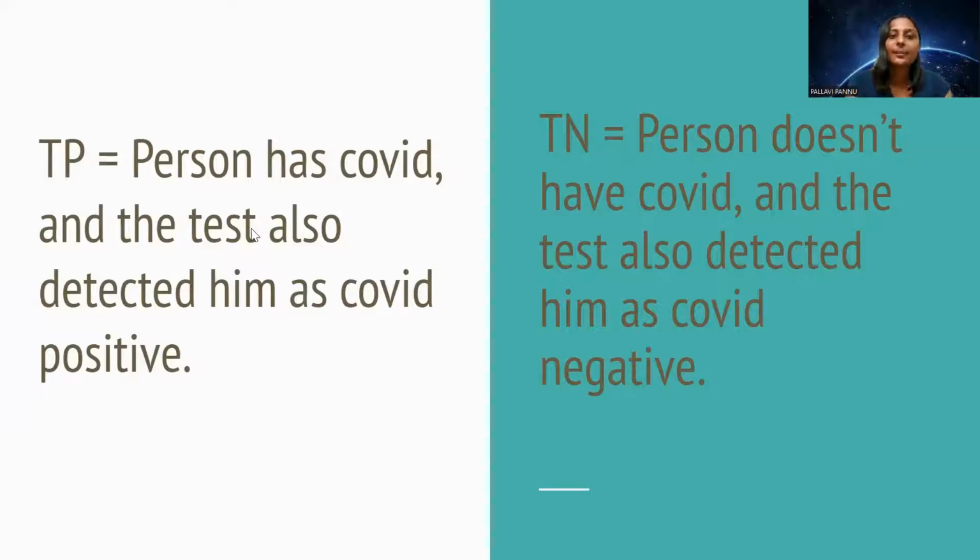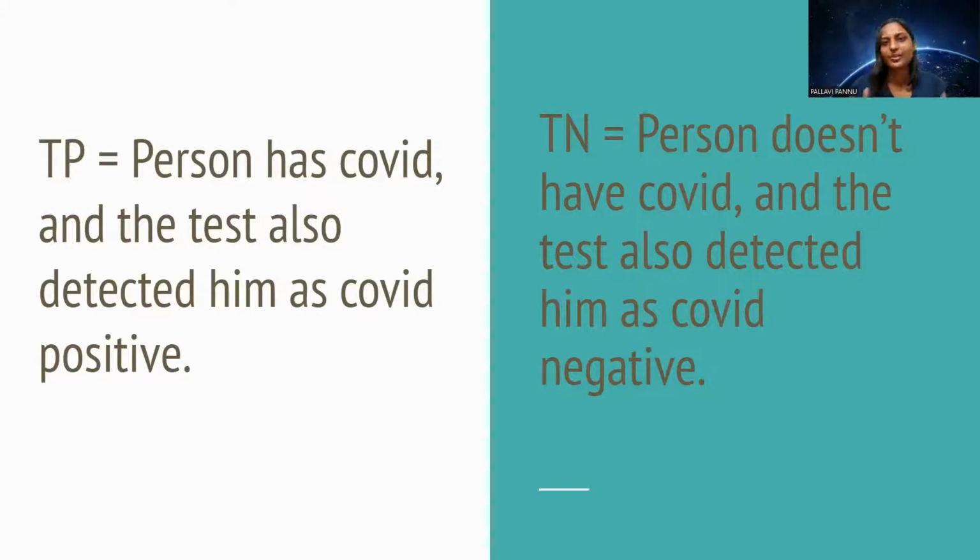Let's check. If a person has COVID and the COVID test also detected him as COVID positive, it is true positive. True negative is when the person doesn't have COVID and the test also detects him as COVID negative. Whatever the actual was, the prediction is also correct.